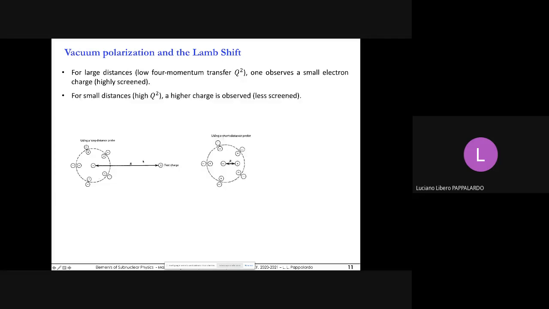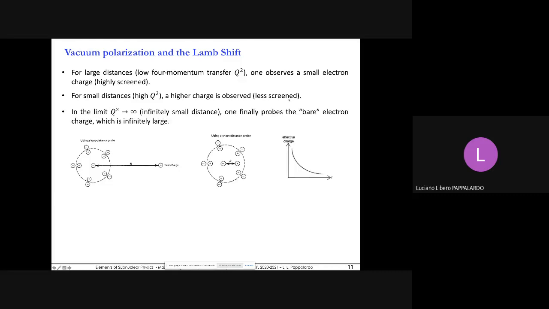On the other hand, for small distances, suppose you can now enter your cloud, this corresponds to high Q squared. Of course, a higher charge is observed because it is now less screened, right? And suppose that you can go now to the infinite limit, so suppose that you can push your Q squared up to plus infinity. This corresponds to infinitely small distances.